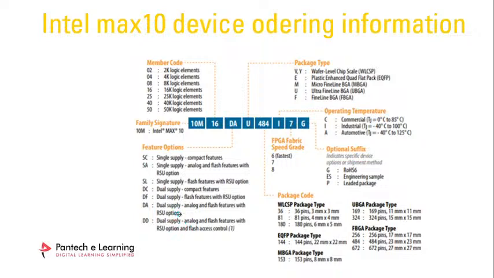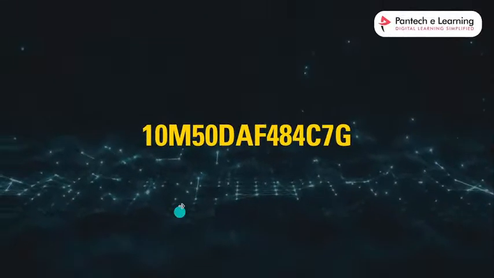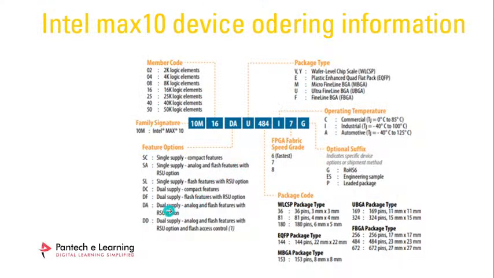RSU is nothing but remote system upgrade. You can access the FPGA board from a remote system via the UART serial communication interface. Our FPGA has DA, meaning dual supply with analog and flash features with RSU.